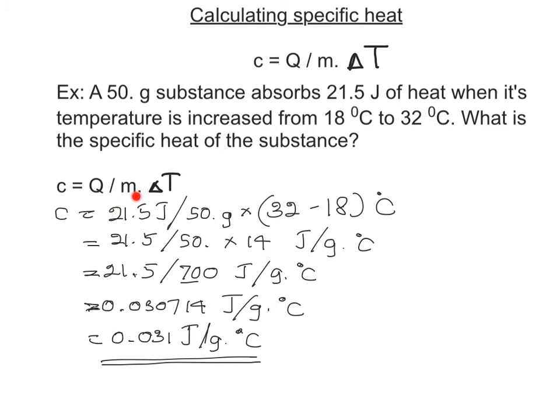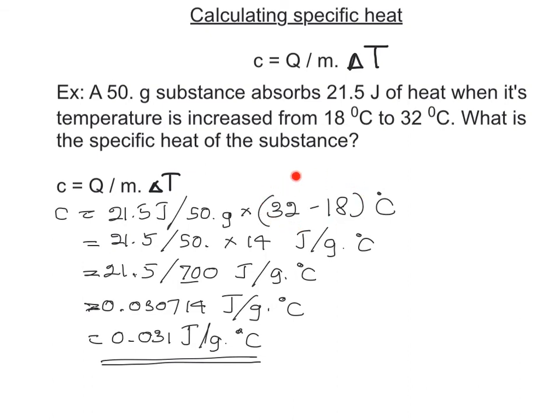The amount of heat Q is 21.5 joules. The mass of the substance is 50 grams, 50 point, note where the decimal point is, times the temperature difference, final 32 minus initial 18 degrees Celsius.